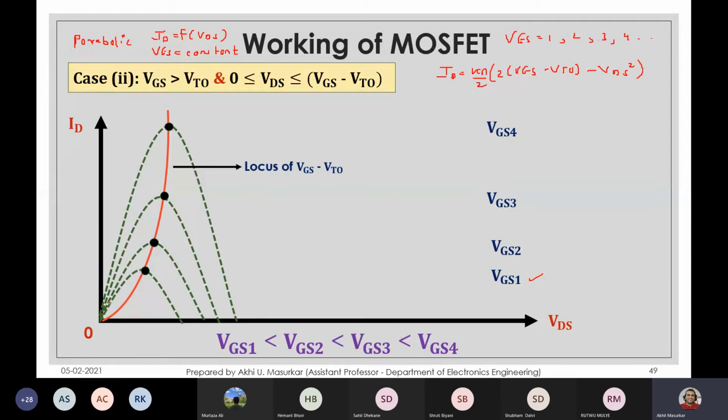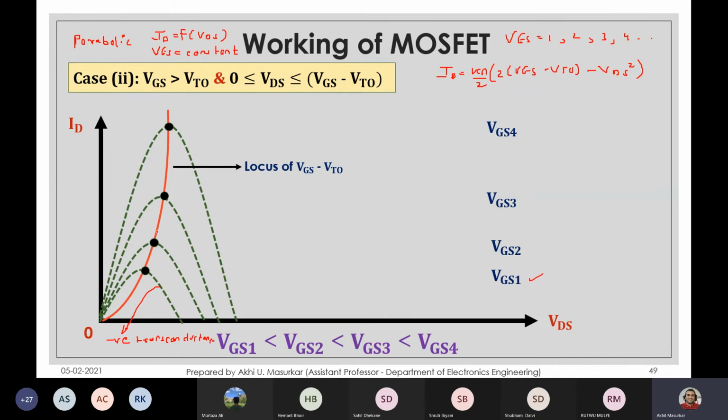The graph exhibits negative transconductance, but a practical MOSFET never exhibits negative transconductance. You can see here this portion is exhibiting negative transconductance.